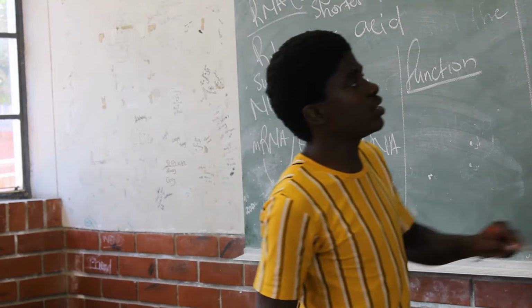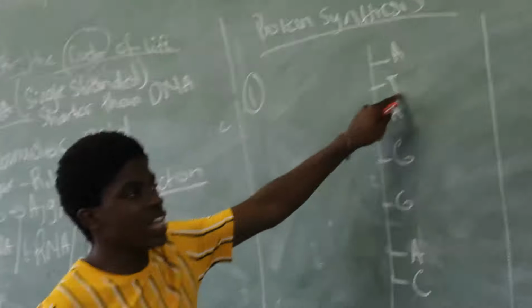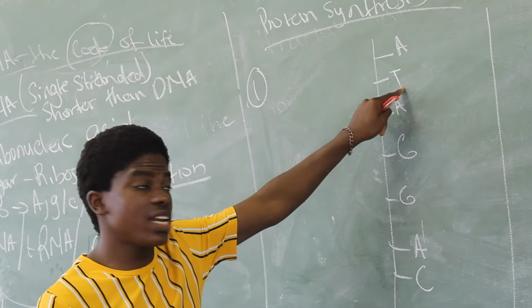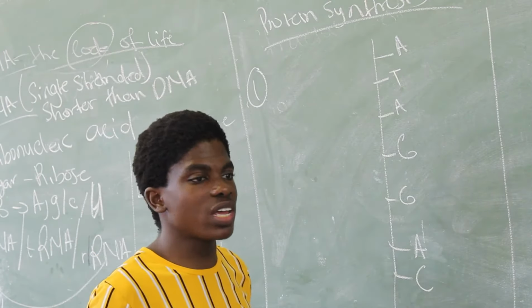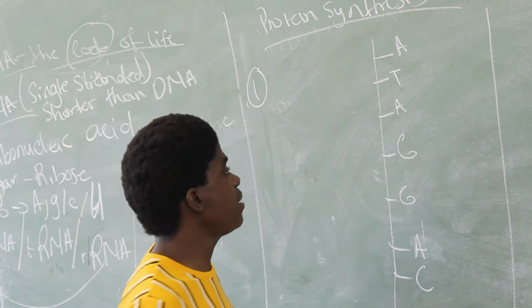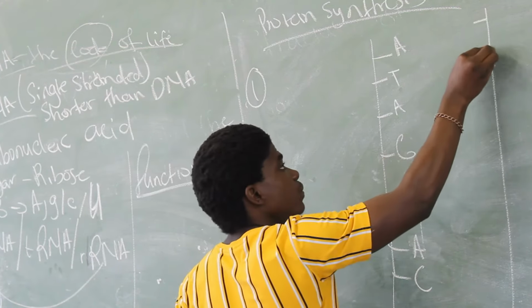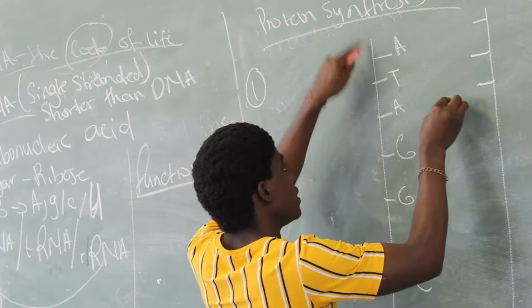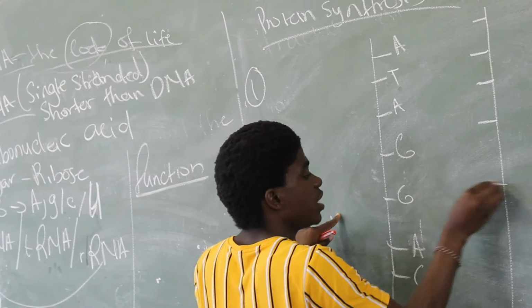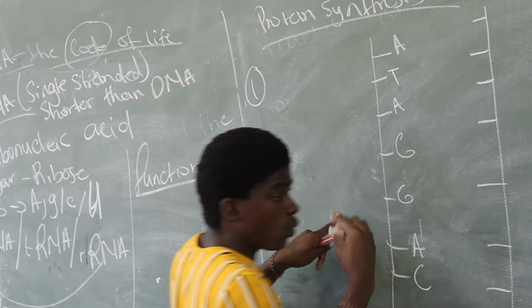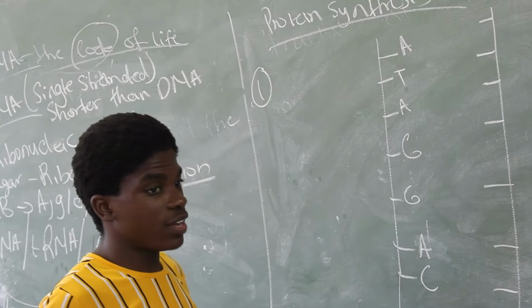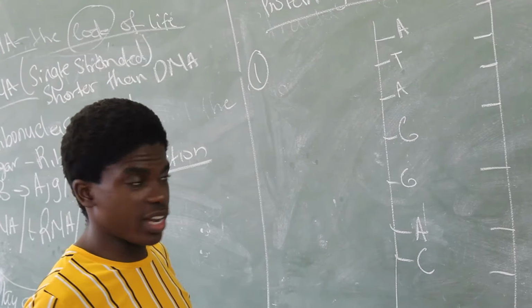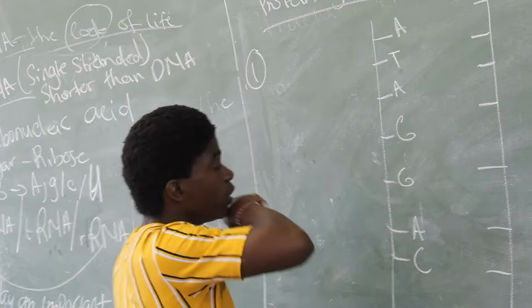But whenever you see a structure with a T, that means it is DNA. So now this is the DNA strand that is acting as a template for the creation of RNA. Which RNA? I will explain it to you now.